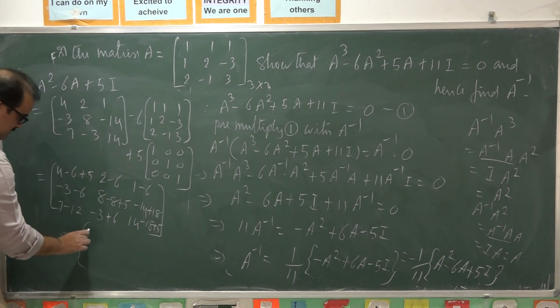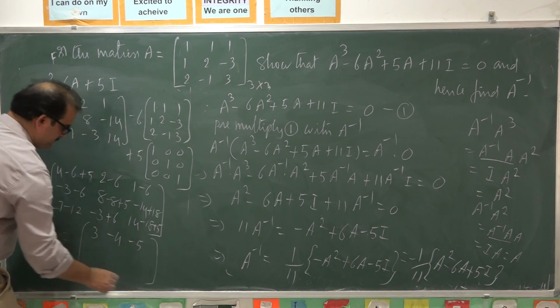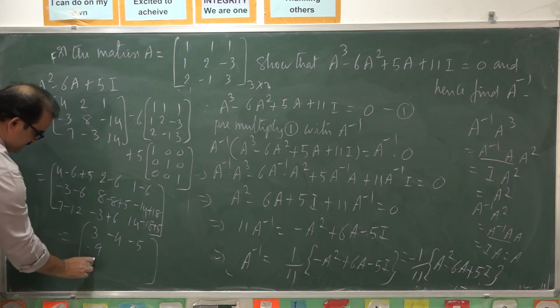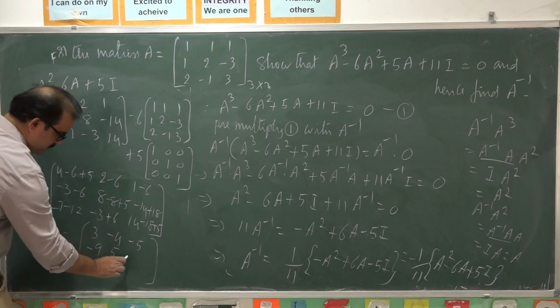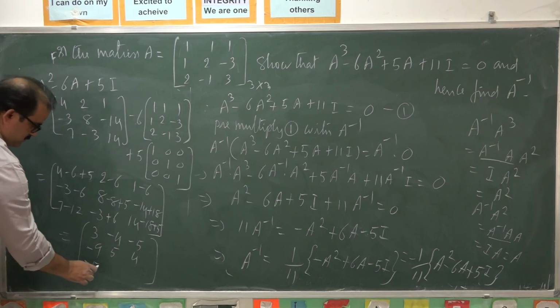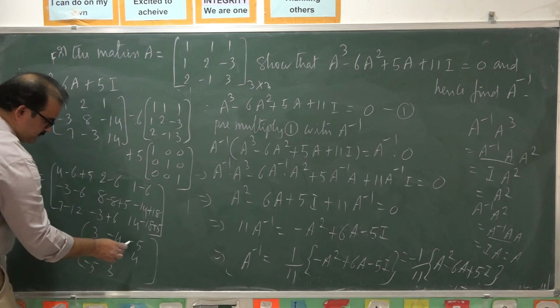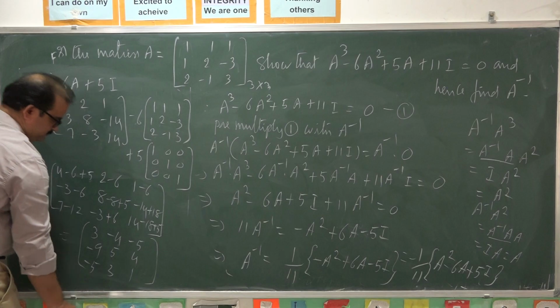So you get 4 plus 5, 9 minus 6, 3, minus 4, minus 5, minus 9, 5, 4, minus 5, 3, minus 4 plus 1, 1.